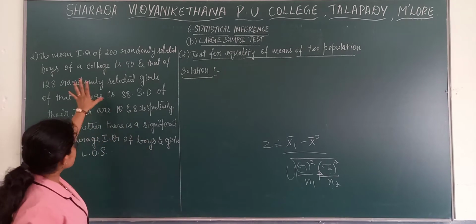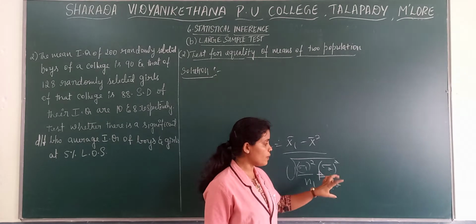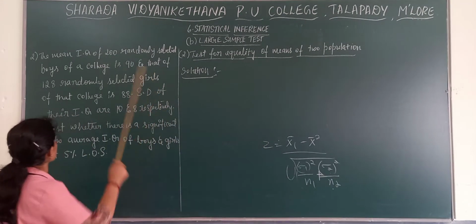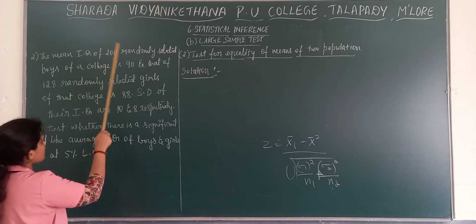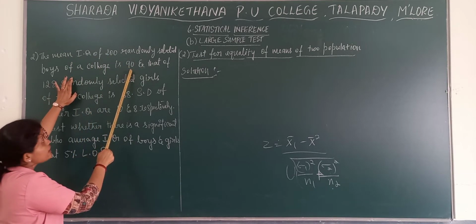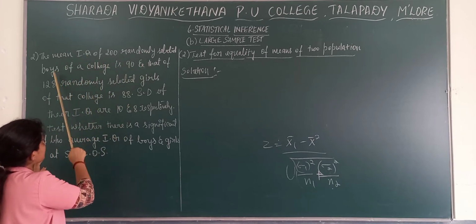Firstly, identify the first sample number and the second sample number. Read: the mean IQ of 200 randomly selected boys of a college is 90. What is this 90? This is the mean IQ of 200 randomly selected boys.